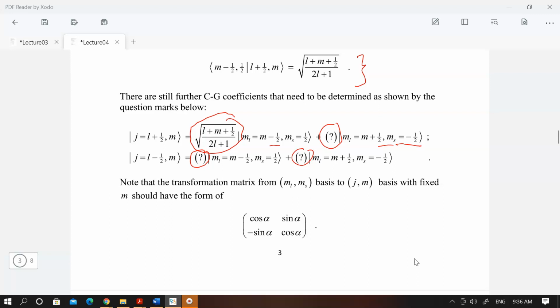So what do we do? Okay, to find the other Clebsch-Gordan coefficient, recall that your Clebsch-Gordan coefficient matrix has to be an orthogonal matrix, because you assume that your unitary matrix consists of real elements.